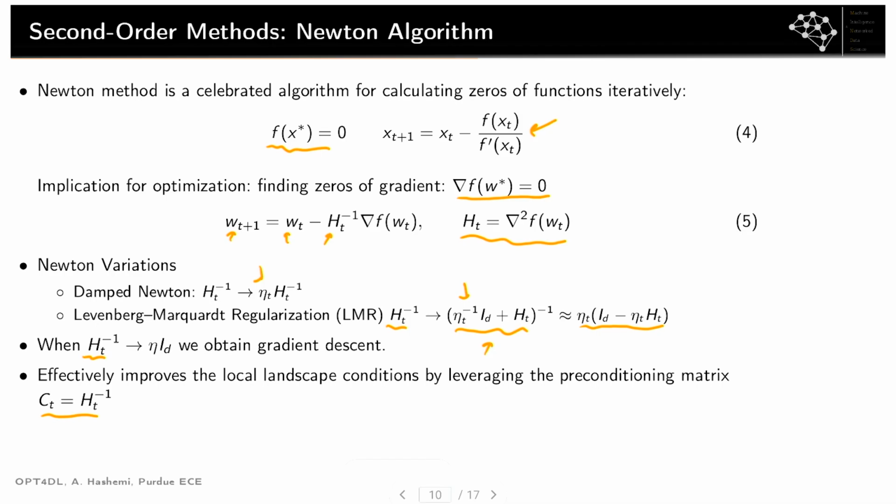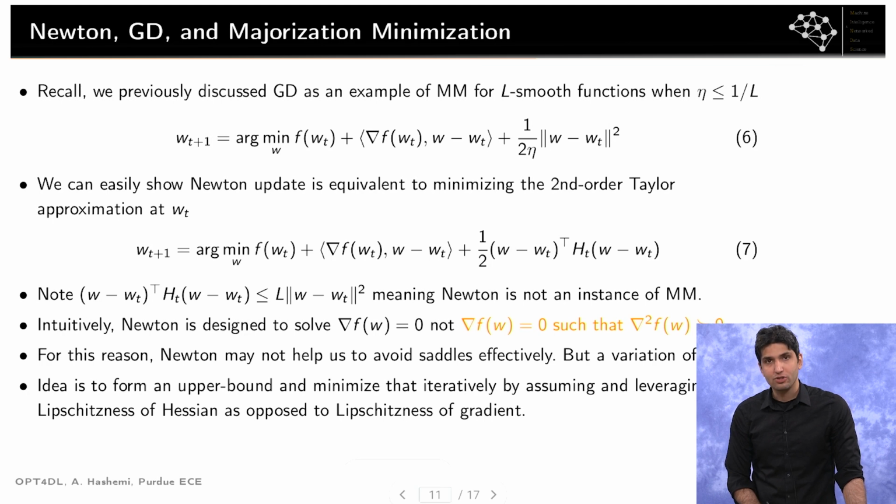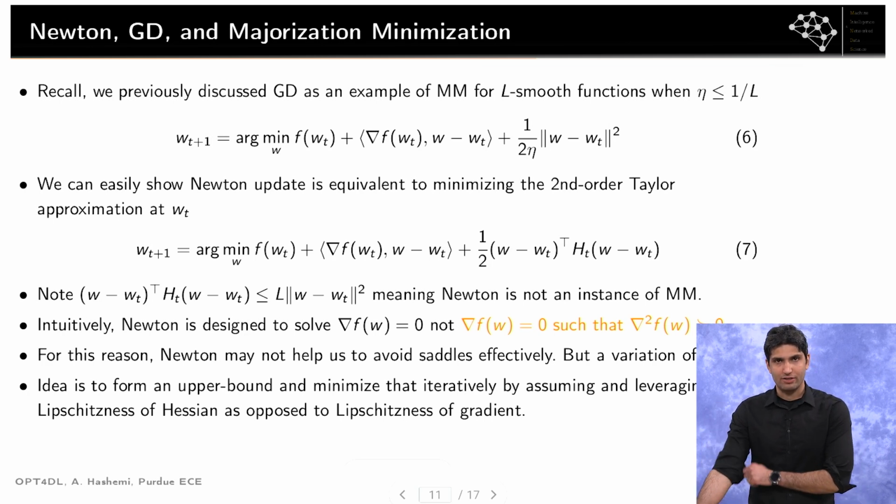And in general, you can design any preconditioning matrix that could lead to a faster optimization algorithm and efficient updates. Okay. So this is the Newton method, but it turns out that this is not what we're going to end up using to calculate second-order solutions.